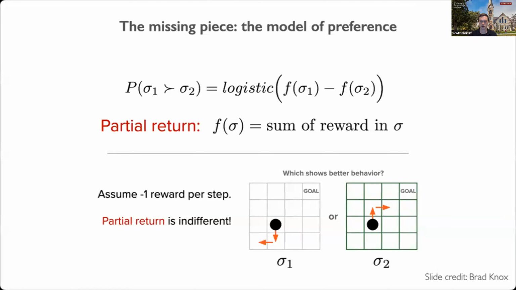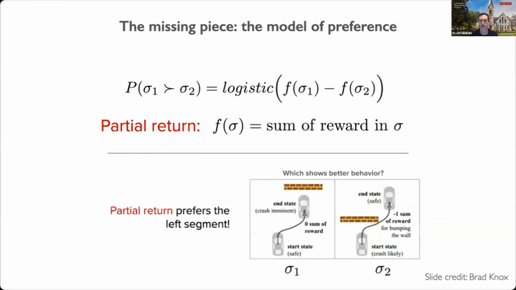So if you show someone with that reward function in their head these two trajectories, the one on the left is 2 time steps long, it doesn't get to the goal, -2 total. The one on the right, same thing, -2 total. A partial return model should be indifferent to these, which feels wrong. It feels like the one on the right is clearly making better decisions, and most people will prefer that.